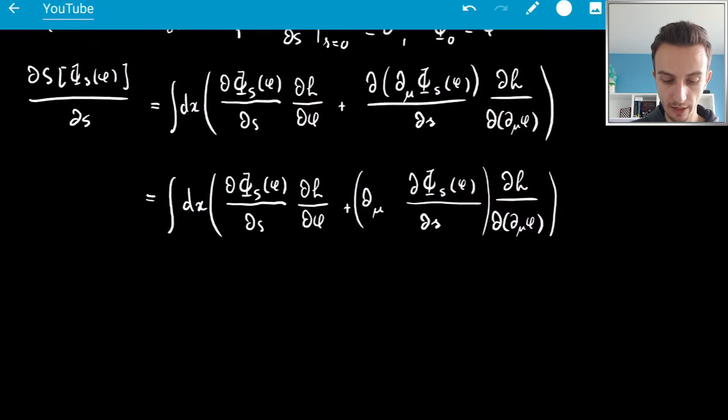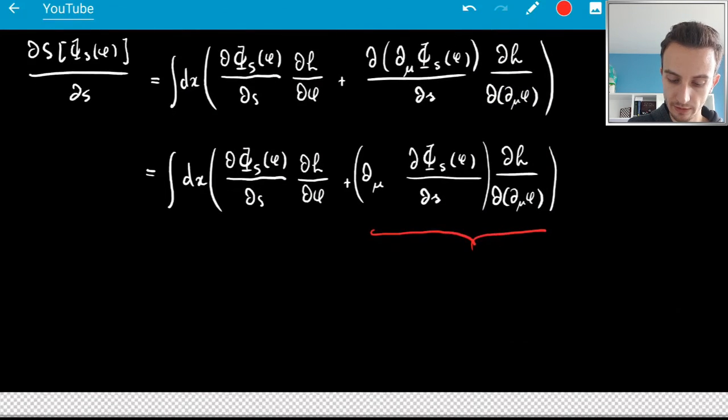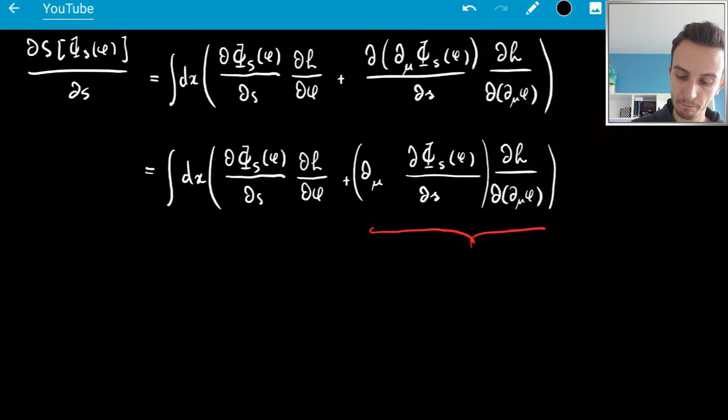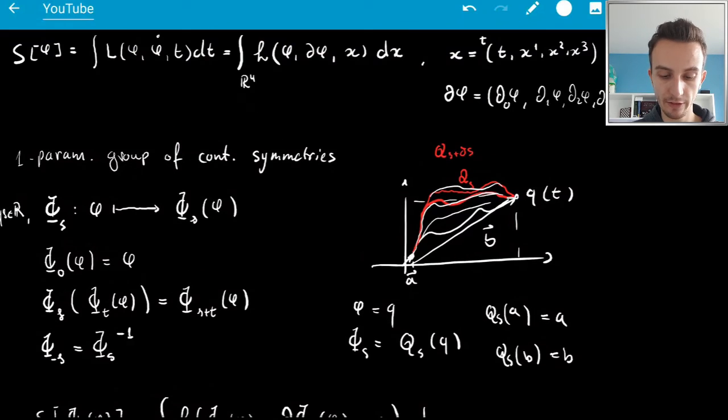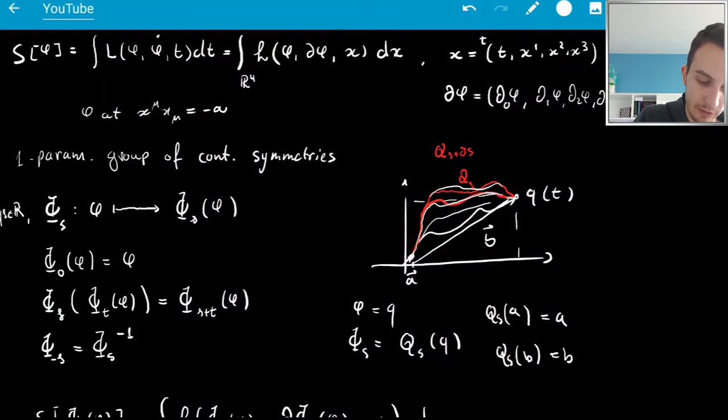And so now we'll partially integrate this term. So these integrals are always 0 at the boundary. In this particular case, we require fields at x mu equals minus infinity to be 0.